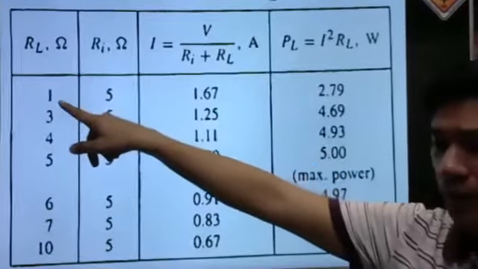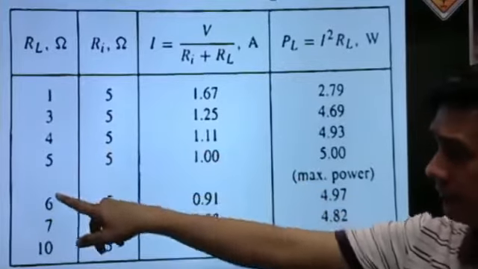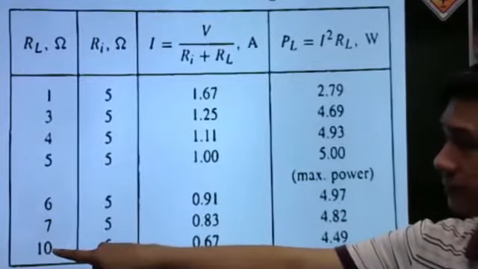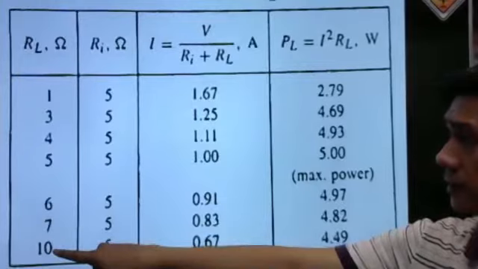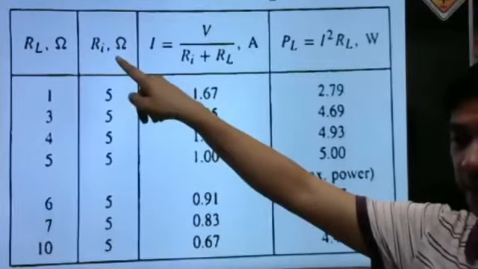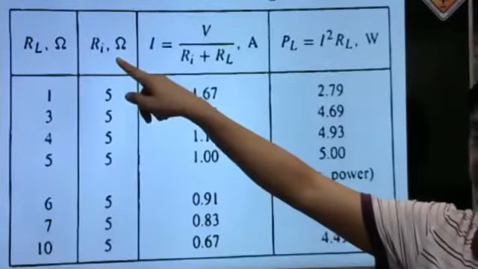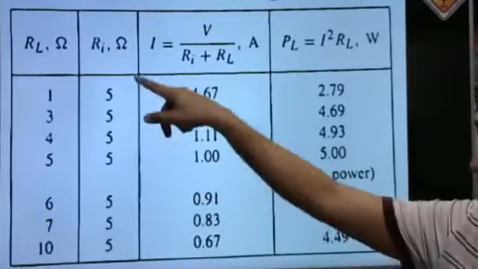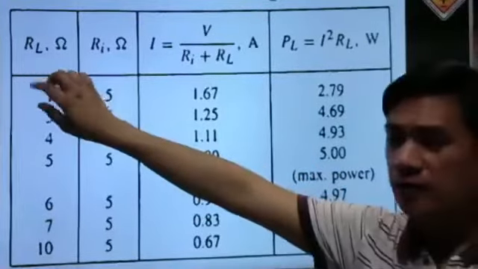We make it 1 ohm, 2 ohms, 3, 4, 5, up to 10 ohms. Of course, the internal resistance of the battery is fixed, constant at 5 ohms. We are making adjustments to our load resistor.